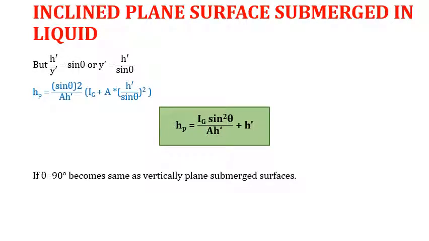This expression is similar to what we have earlier determined for a vertical surface, with the difference that here we have sine square theta. And if theta is 90, sine 90 is 1, so this basically becomes the same formula as that of a vertical plane surface submerged in liquid.